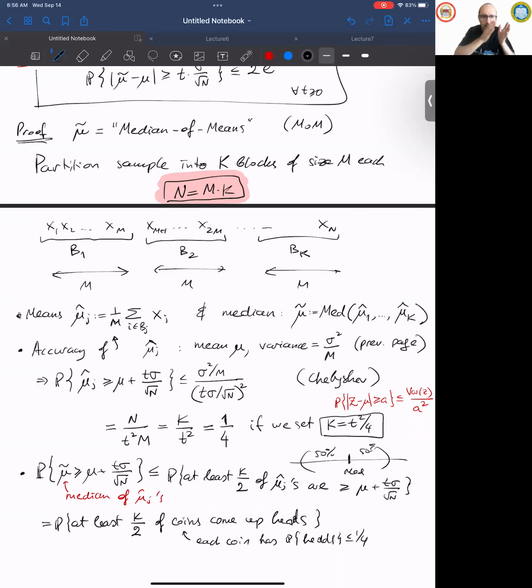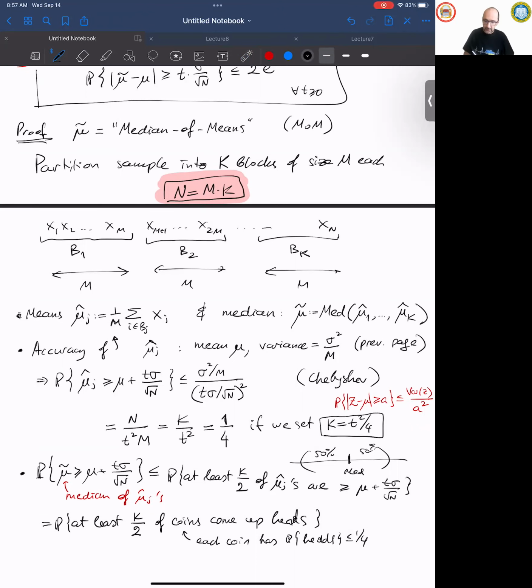Right, so we have these estimators of each block. It's either good or bad. If it's bad, it's heads. They're independent, so it's as if we're flipping these coins to decide which is good and which is bad. A coin comes up heads with probability 1/4, and at least k over 2 of them are bad. That means that at least half of the coins come up heads, whereas in reality they're biased. So this should not happen.